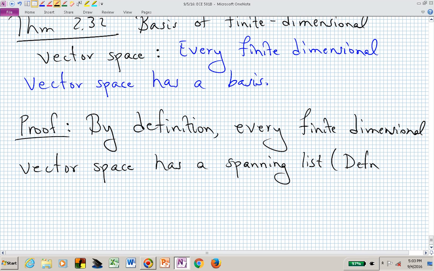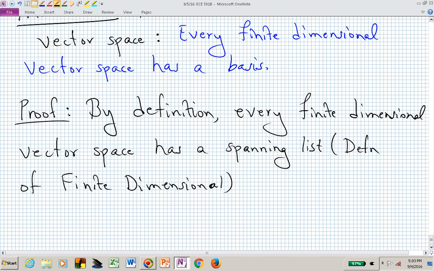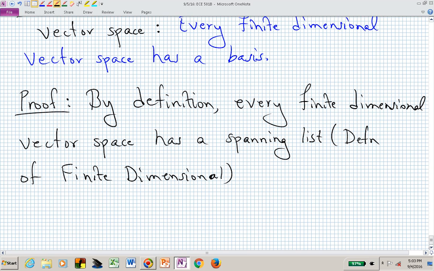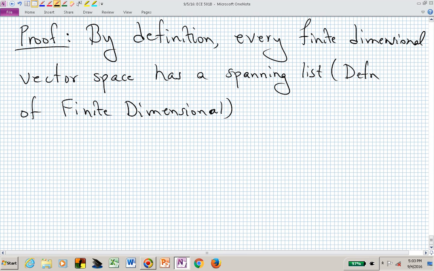That's coming to us from the definition of finite dimensional. So now if somebody says, oh, I have a finite dimensional vector space, we know that we can find a set of vectors that will span that vector space. So we now have a spanning list.